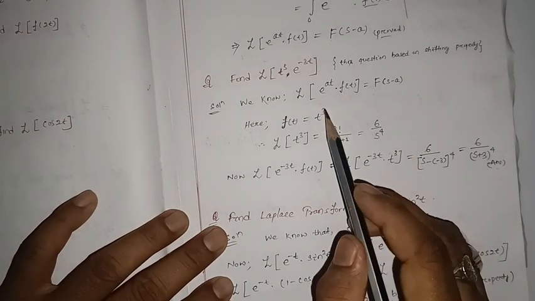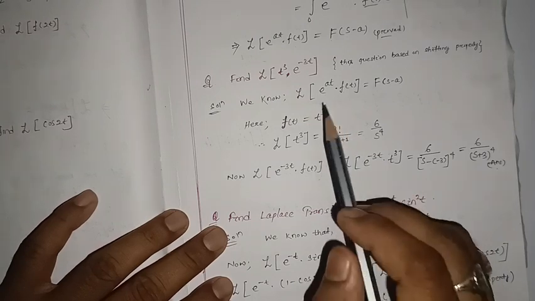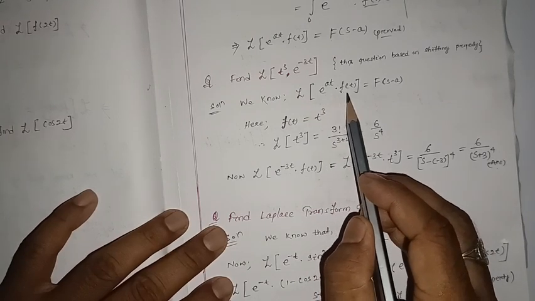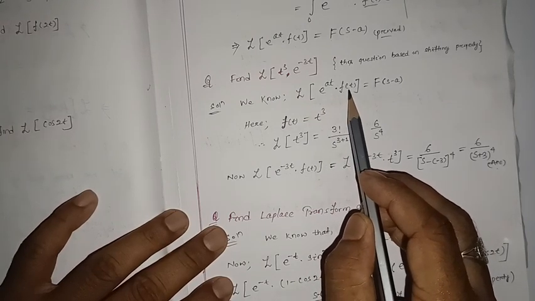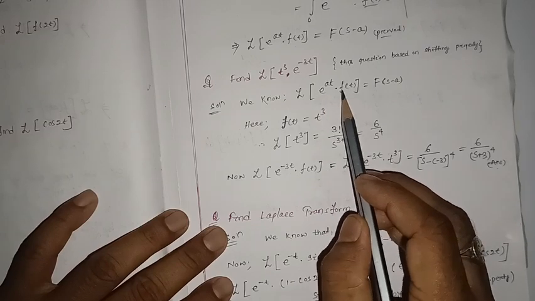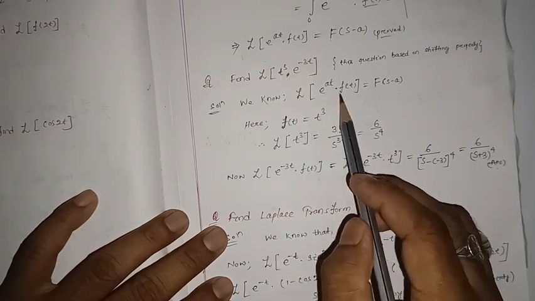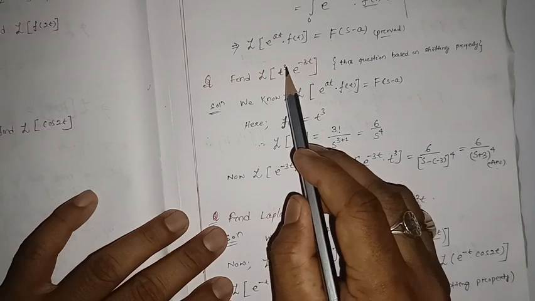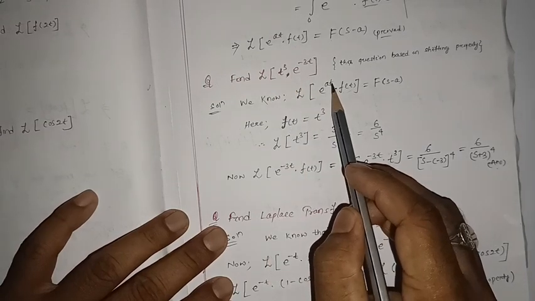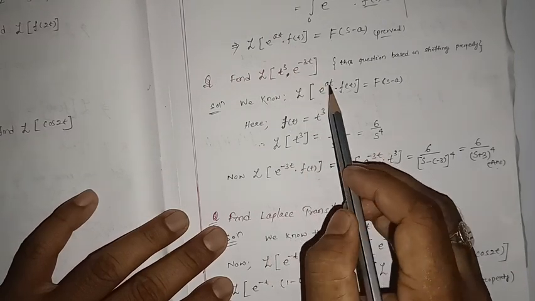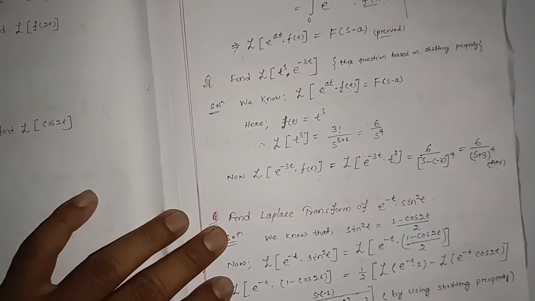First we have to identify the function. Comparing e to the power at f of t with this one, f of t is t cubed, and e to the power at gives a equal to minus 3.